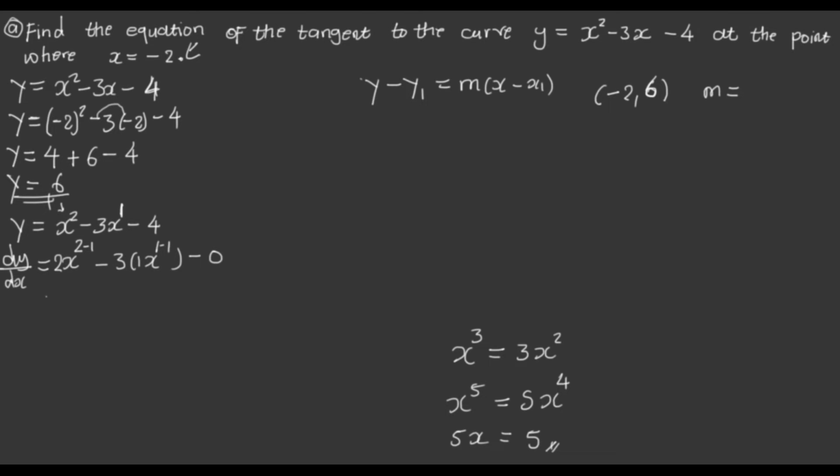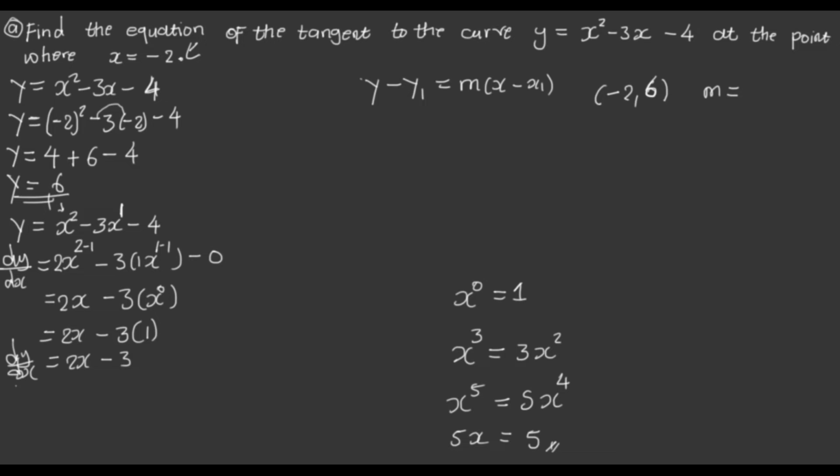So we have 2x raised to the power 1 minus 3, x raised to the power 1 minus 1, we are going to get x raised to the power 0. And always x raised to the power 0 is 1. So we have 2x minus 3, where there is x raised to the power 0, we just substitute with 1. So 2x minus 3. This is now our dy over dx of our curve.